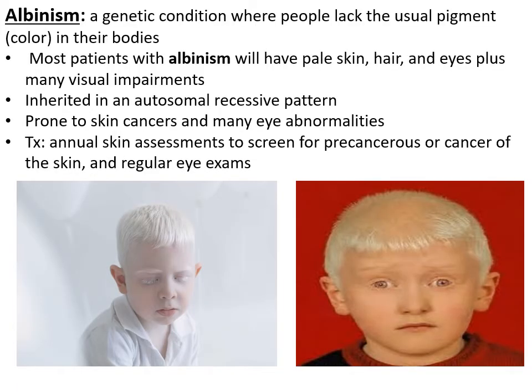Okay, and here's another pigment condition called albinism. So this one happens to be a genetic condition where people are lacking usual pigment of the skin. Okay, and often with albinism, there's pale skin, there's very fair white hair. Some of these patients can often have visual impairments with this condition. So, how is it inherited? Autosomal recessive inheritance.